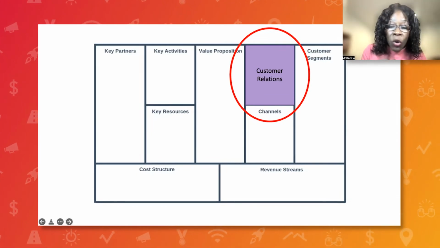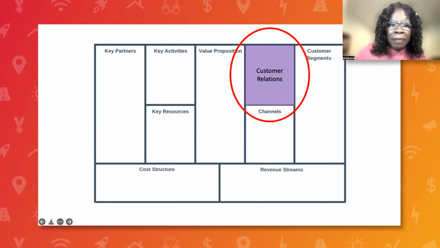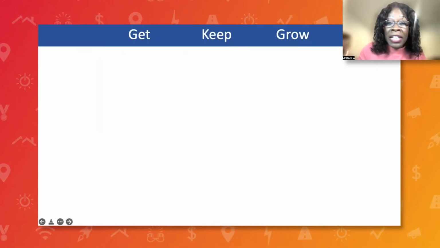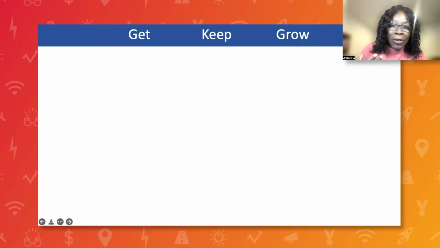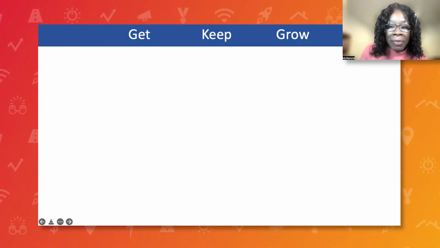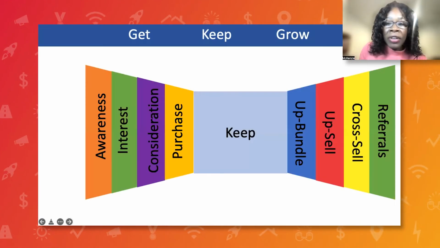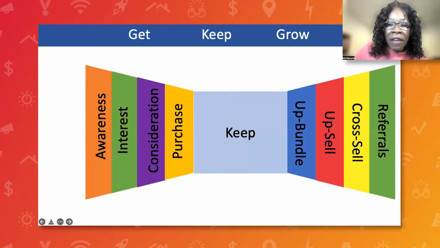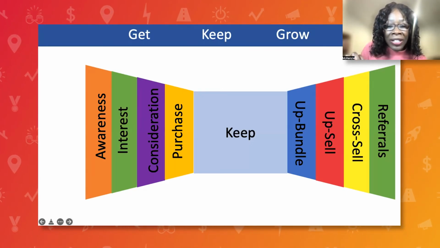And the cost of acquiring customers is one of the most expensive parts of any company. So Steve Blank, the guy who popularized the business model canvas, describes customer relations as get, keep, and grow. And he created a visual representation of the process. And it kind of looks like a funnel laying on its side.